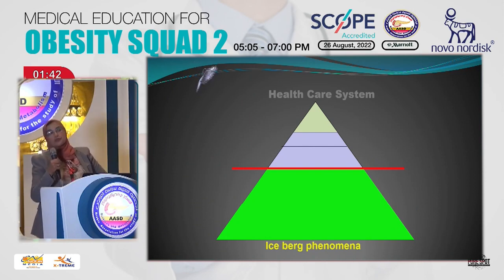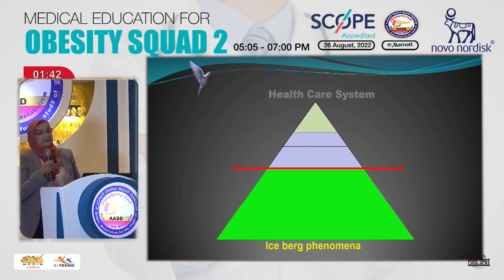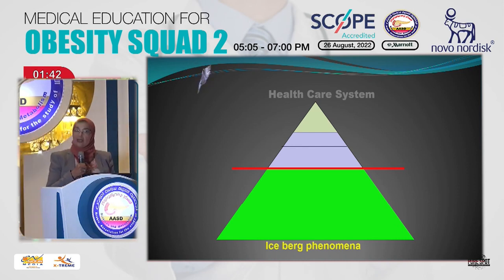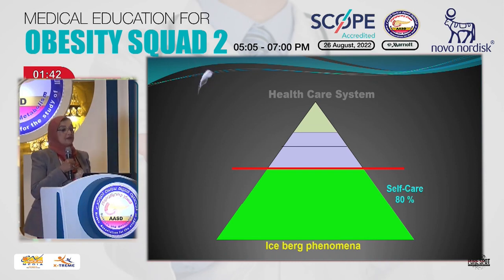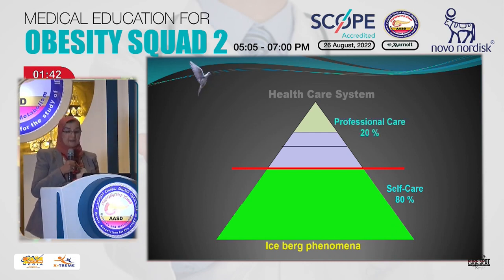I have very good news to say: we can prevent 80% of cardiovascular disease, which costs millions of Egyptian pounds for the Egyptian people. Fortunately, by self-care, you can prevent 80% of the incidence of heart disease, and you can avoid professional care by 20%, whether it's primary, secondary, or tertiary.